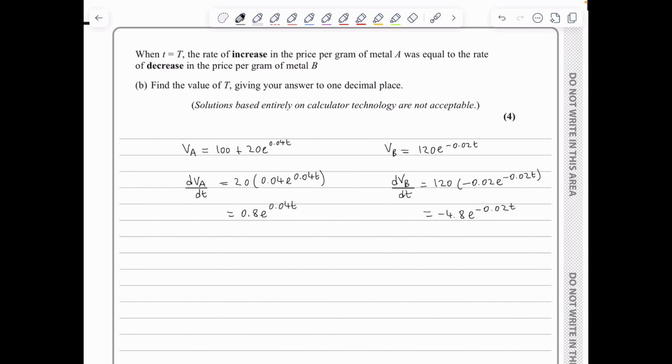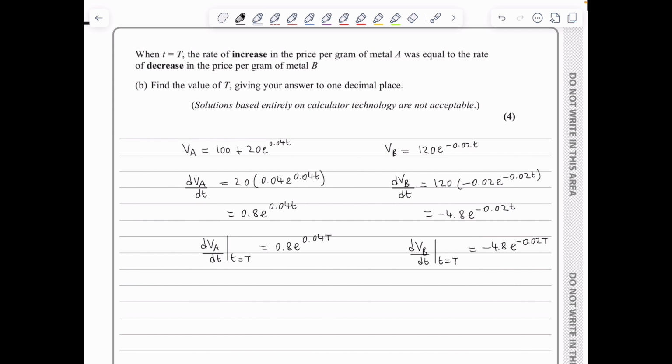Now we know that we need to evaluate each of these at small t being equal to capital T. So when t is capital T, dV_A/dt is 0.8e^(0.04T), and dV_B/dt when t is equal to T is -4.8e^(-0.02T).